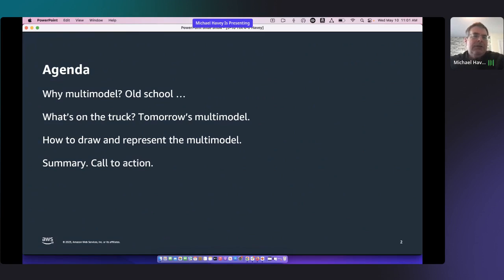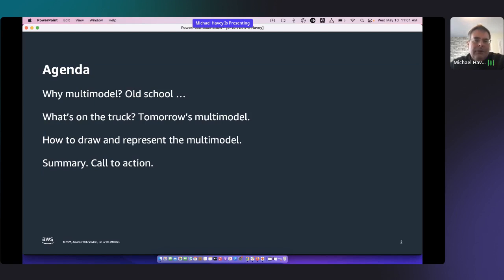So my agenda is to begin by talking about why customers would use multi-modeling, and in doing so, really describe what multi-modeling is, and to look at old school approaches to multi-modeling, how people have done it in the past. But then I want to look at what's on the truck in terms of what database services are available today. The choices are many and various.